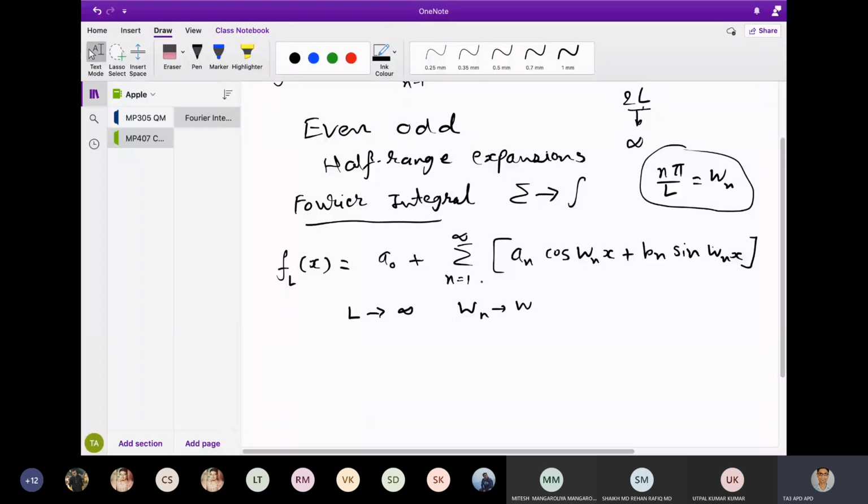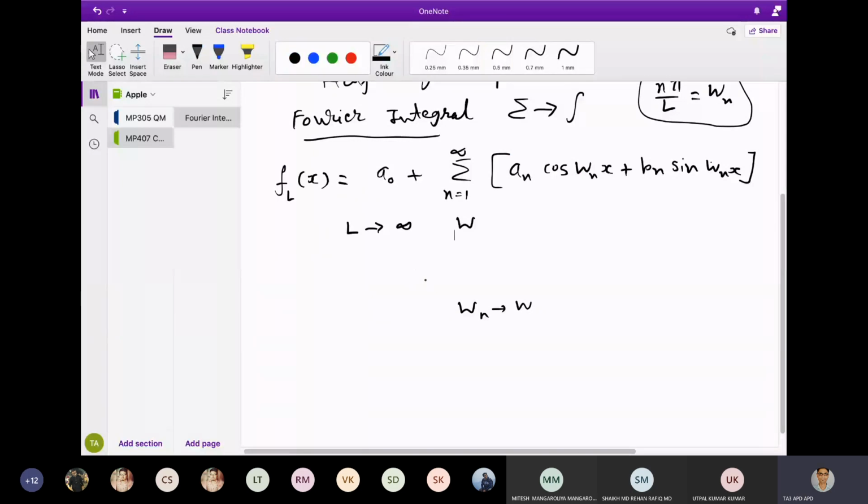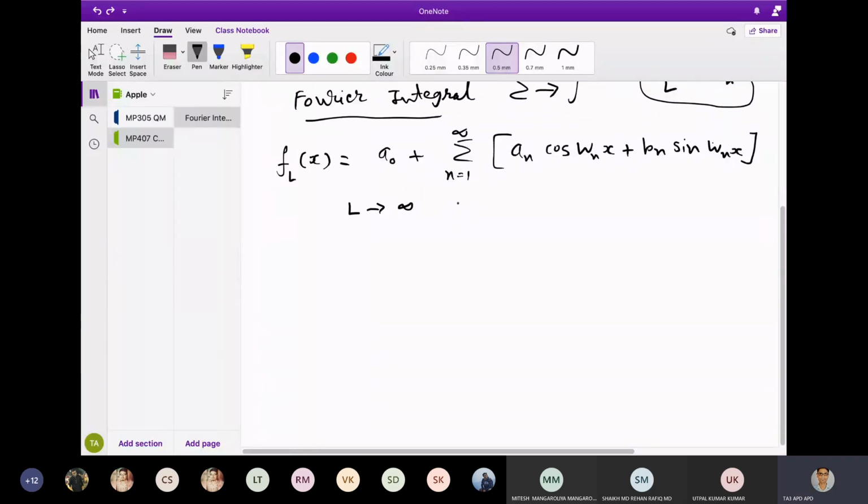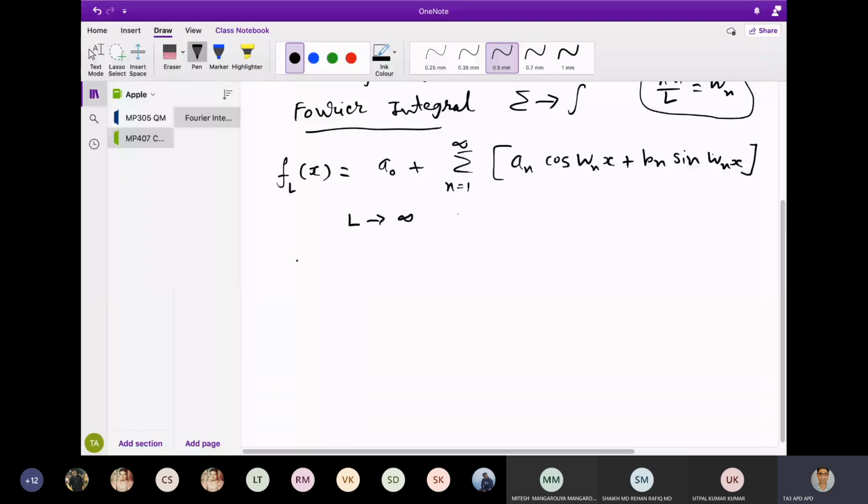Now let us substitute the values of this a n and b n in this expression itself. So what we will be doing is inserting the values of a n and b n, and also the value of a naught.